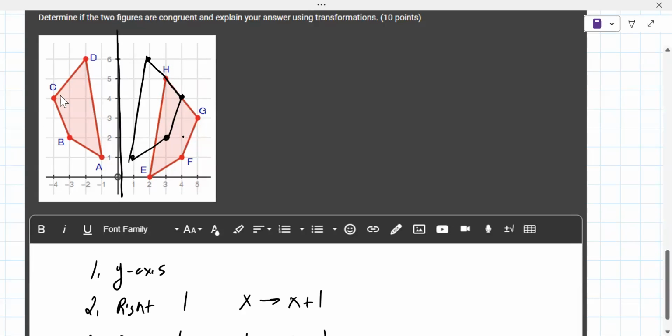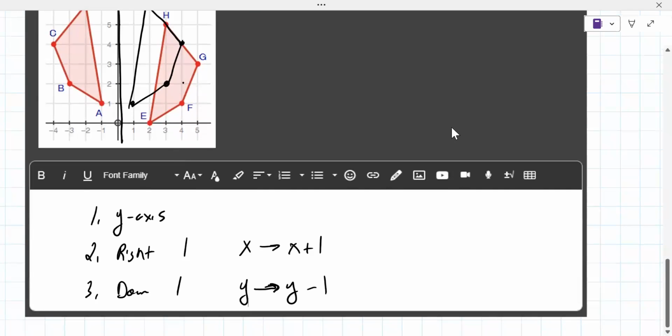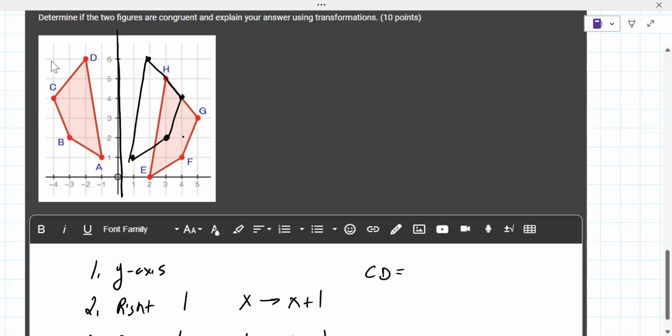And I don't know if that's enough. You're supposed to show that CD is congruent to HG. I don't know if you want us to do all that, but we can show the distance from C to D and H to G. What do you think? Probably more is better. So you want to say CD, the distance from C to D, ends up being the square root of 2 squared plus 2 squared, which is the square root of 8.